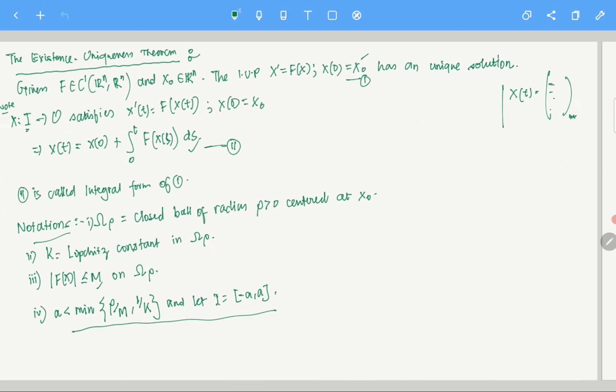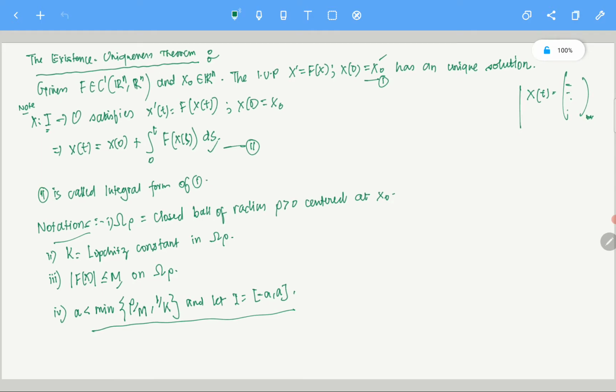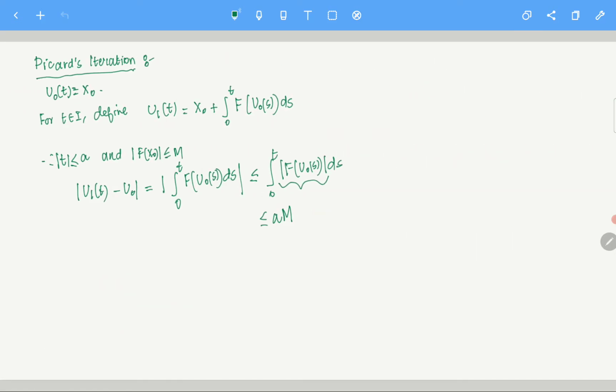Now a is the minimum of rho by m and 1 by k, so a is always less than or equal to rho by m. So a times m is always less than or equal to rho. I hope this is clear. Therefore u1 of t is in omega rho. That's the whole point. I want my new iterates.